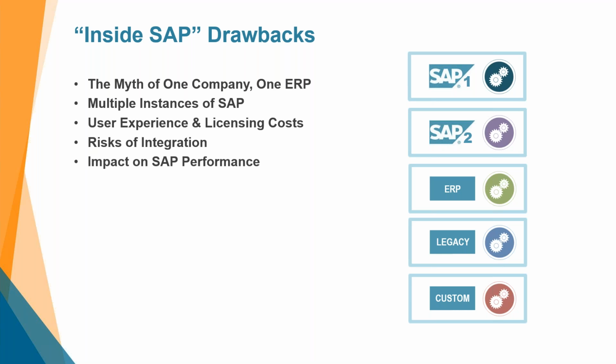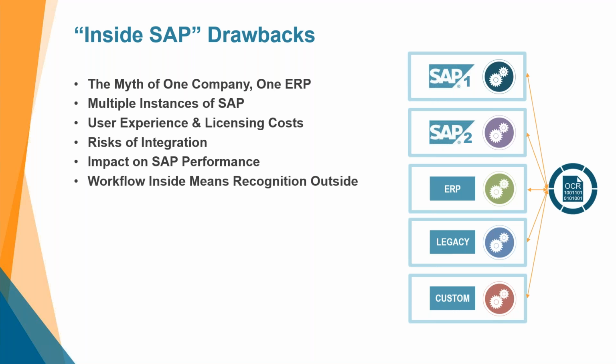Further, storing documents inside of SAP's blob storage negatively impacts SAP's database performance because SAP is optimized to manage data, not documents. And finally, even if workflow automation is enabled inside of SAP, this does not address one of the most important process automation opportunities, which is intelligent optical character recognition, or OCR, due to the artificial intelligence required for data extraction and validation.